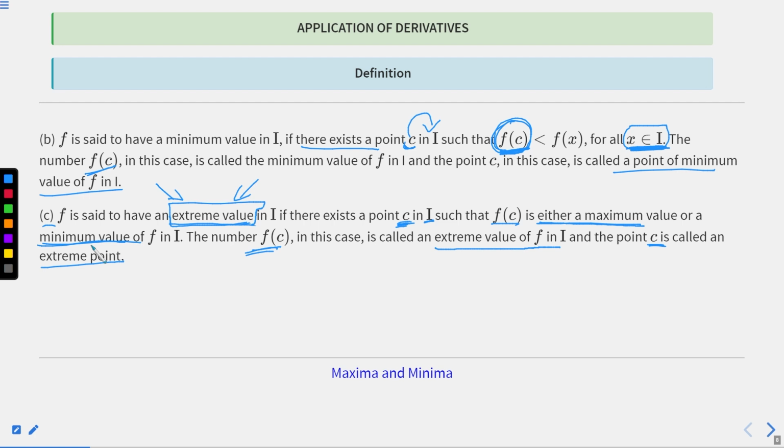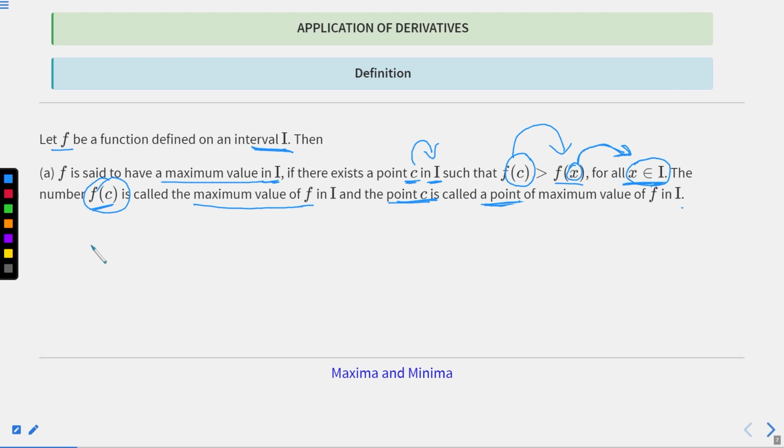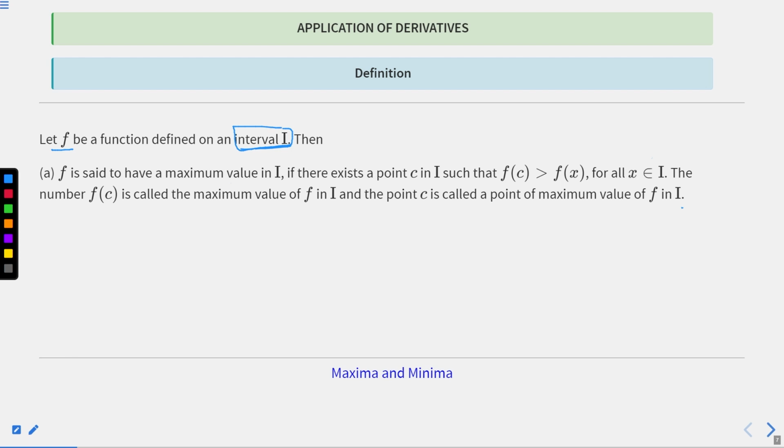Okay, let us move next. I hope these definitions, these three main points, are very clear to you. Let me just go through them once again. Maximum, as the name suggests, means the highest or greatest value, and greatest in this interval. When we talk about maximum value, we are talking about some interval.